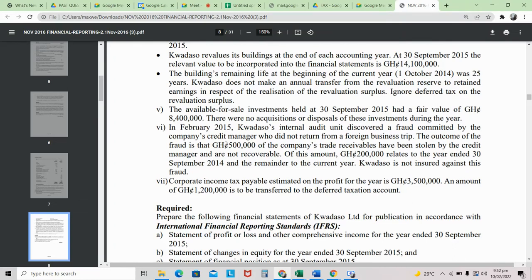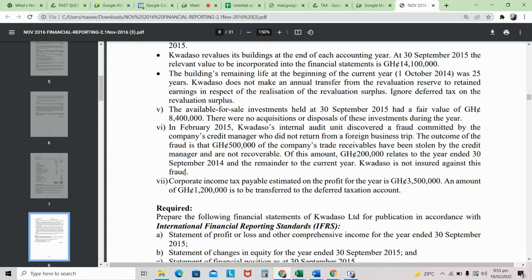So this 500,000 has become bad debt. Somebody has taken the money and it's gone. Of this amount, 200,000 relate to the year ended 30th September 2014 and the remainder to the current year. Kwadaso is not insured against this fraud.